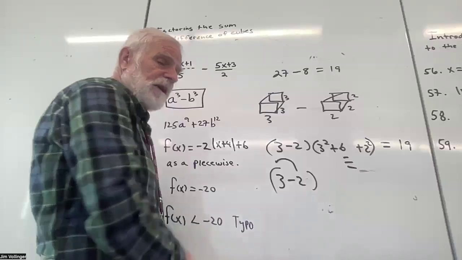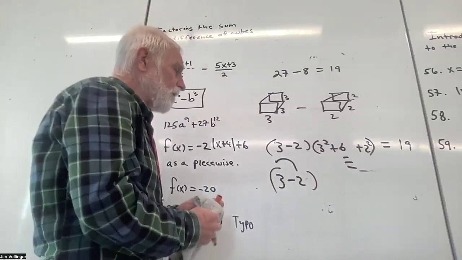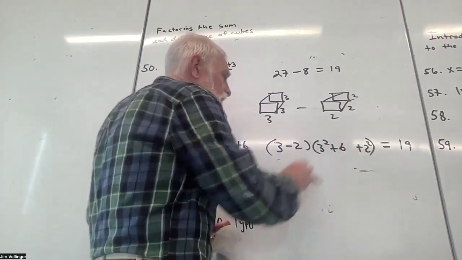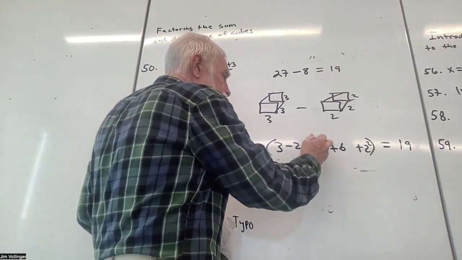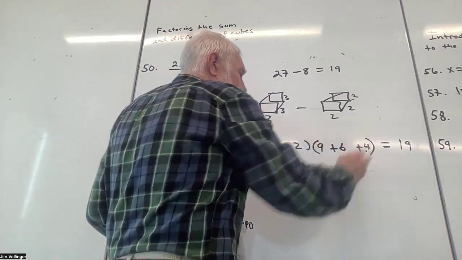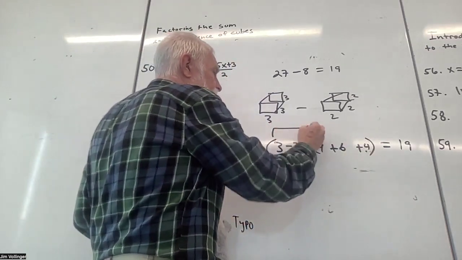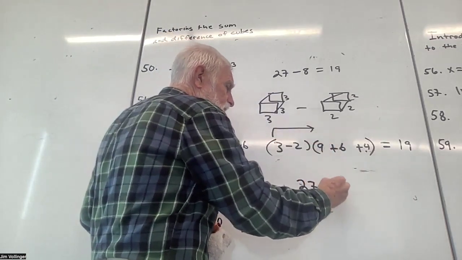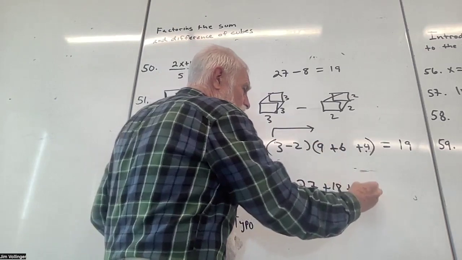Well, in this case, we get both. Let me just show you the cancellation of terms here, because it's something you can see. Let's change this to 9. Let's change this to 4. And let's do 3 times that parentheses first. Well, that's 27 plus 18 plus 12.